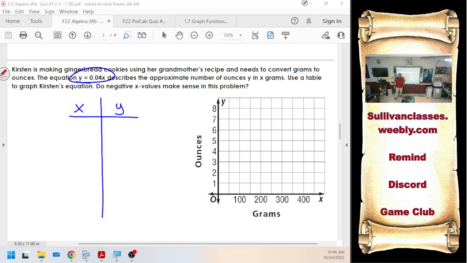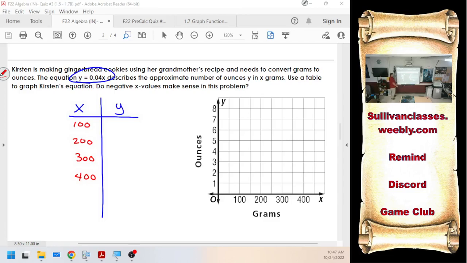Box is going by 50. Why would I choose 1 and 2? Instead, how about I put in 100, 200, 300, 400. How about I pick numbers that are right there on my graph?